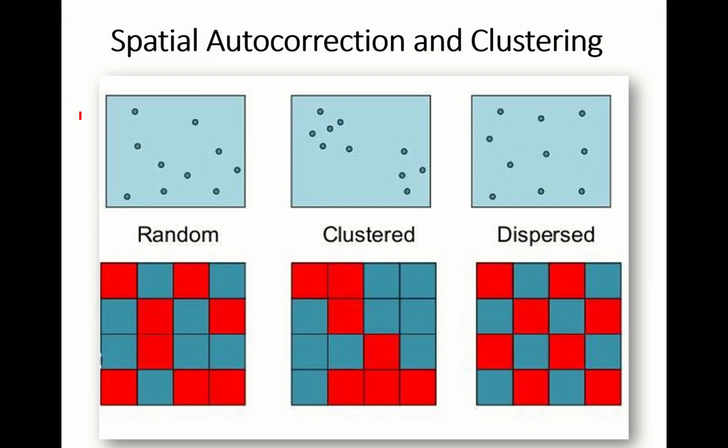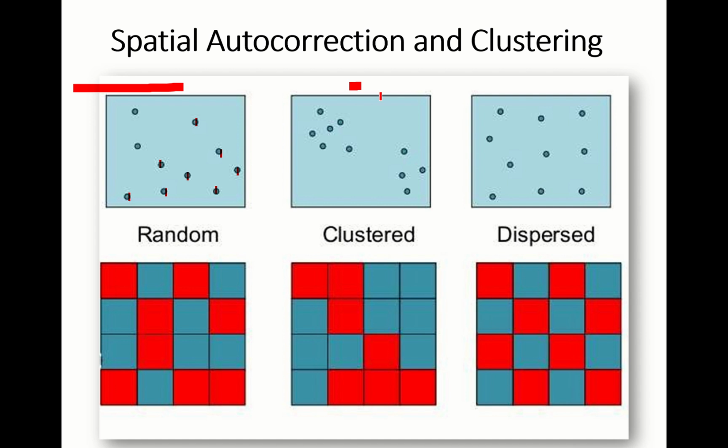Basically we can generalize spatial clustering or autocorrelation in three main scenarios. First is our random scenario, where the point locations, the coordinates, have no rhyme or reason. They're basically randomly distributed. We can have this in either points, like at the top here, or in grids down here in these different colors.